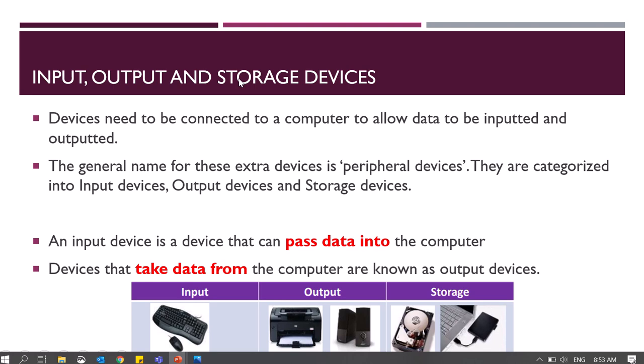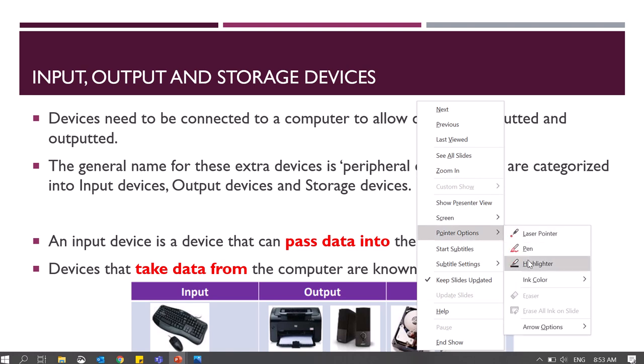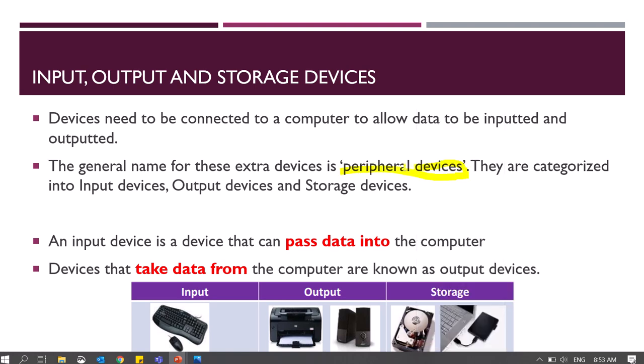Now we see that many devices need to be connected to a computer to allow data to be processed, to be sent inside the computer by input and to be sent outside the computer by output. The general name given for these extra devices is peripheral devices. This is an important word for you to remember.